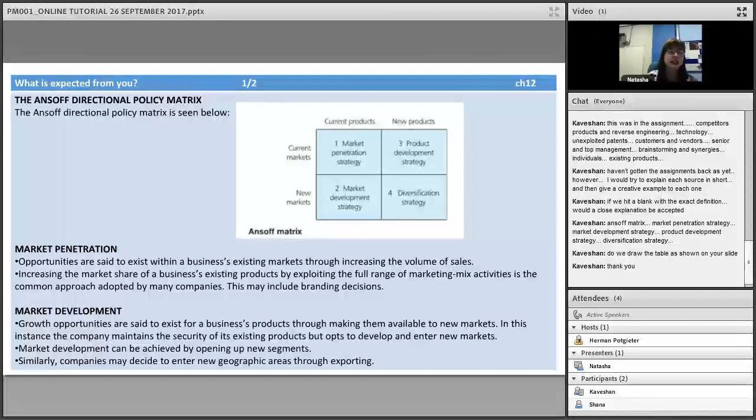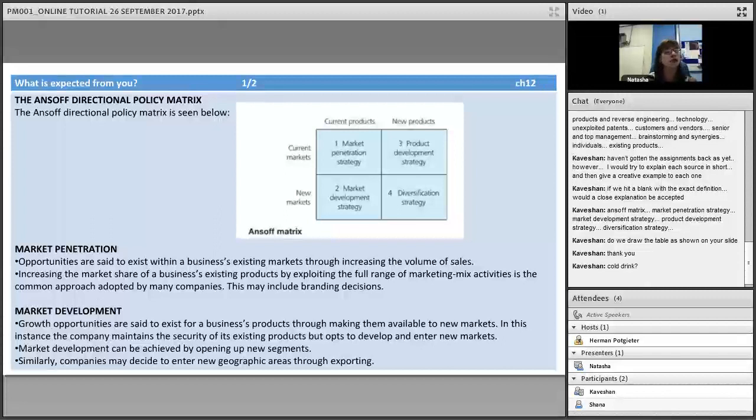Okay. Now the first aspect is market penetration, using current products in the current market. Give me an example, Kavishan, of a current product in a current market that can be a growth opportunity in the market penetration strategy. Off the top of your head.